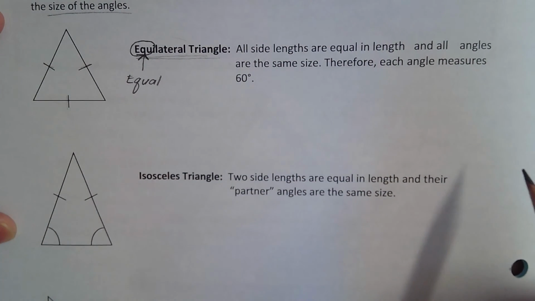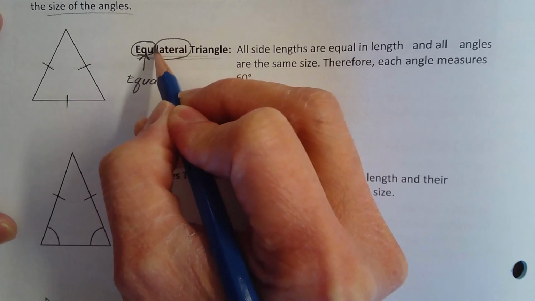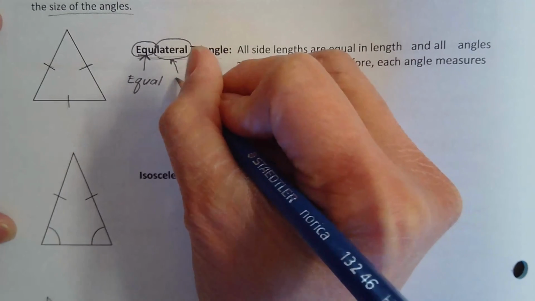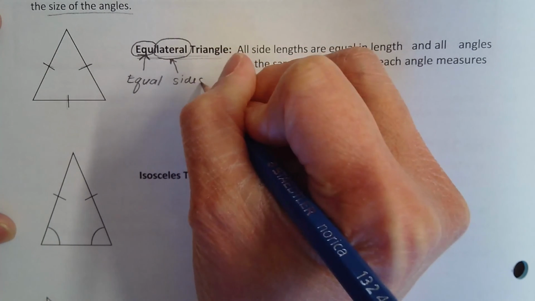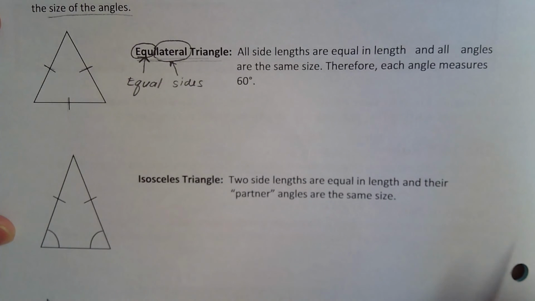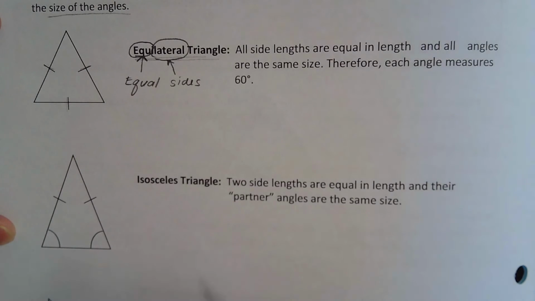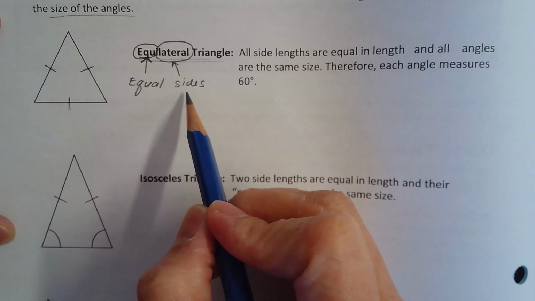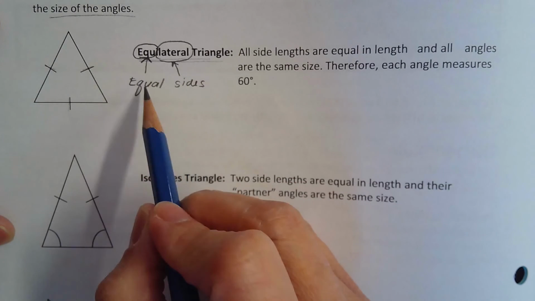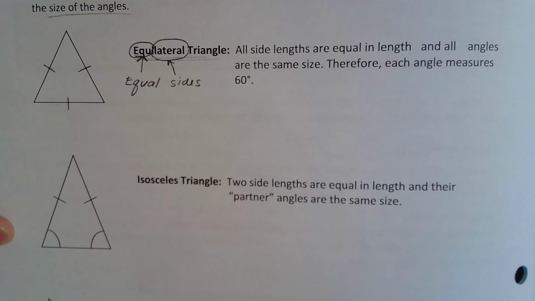And the word lateral means pertaining to the sides. If you are taking biology, sometimes they tell you the word lateral means pertaining to the side, right? So equilateral means equal sides triangle.